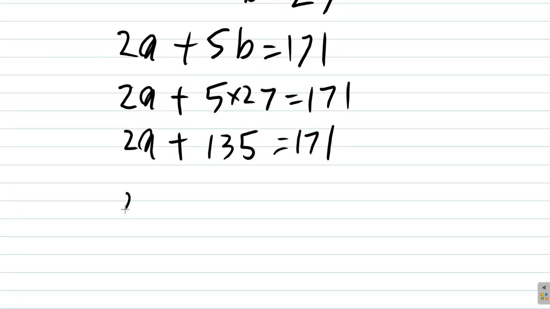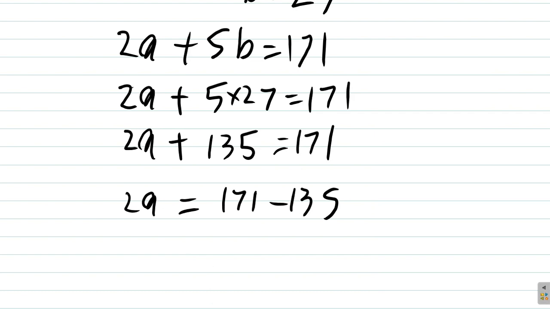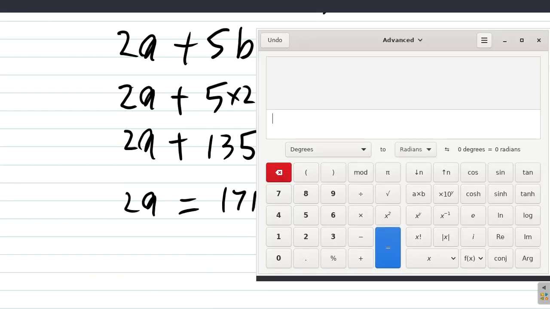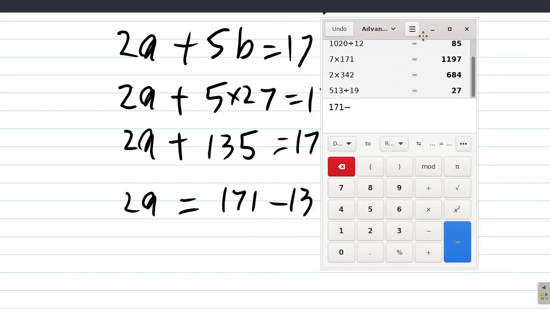So 2a is equal to 171 minus 135, right? So 171 minus 135 equals 36.